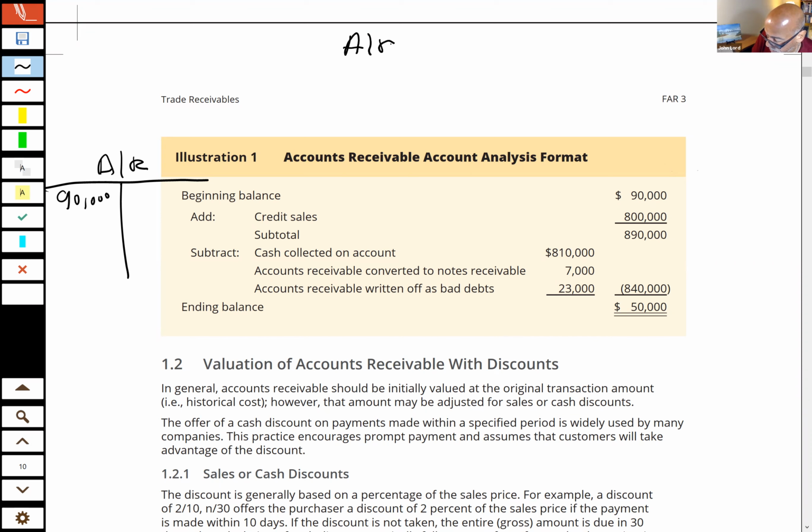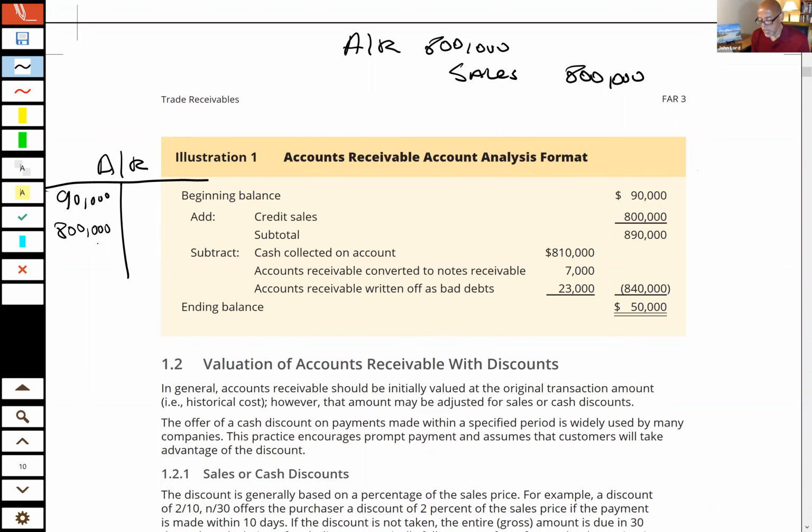I'm going to debit accounts receivable 800,000, and credit what? Sales, same as revenue. Okay, so I credit sales for 800,000, okay?